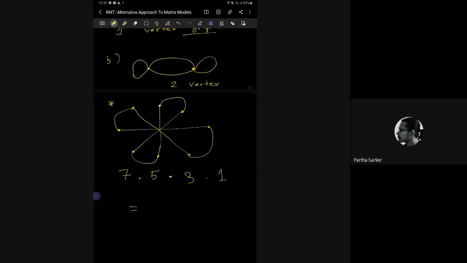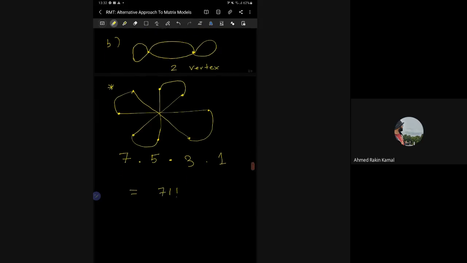There's a shorthand notation, 7 double factorial. Exactly. Since it's a graph of valency 8, you can write it like this: 7 double factorial.